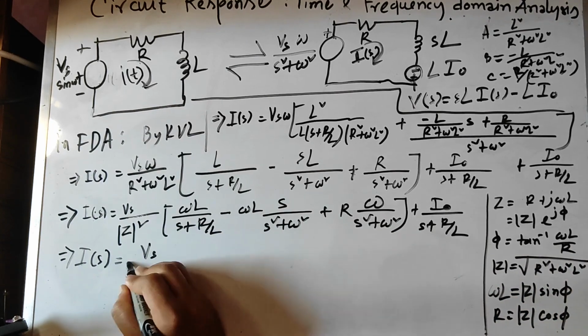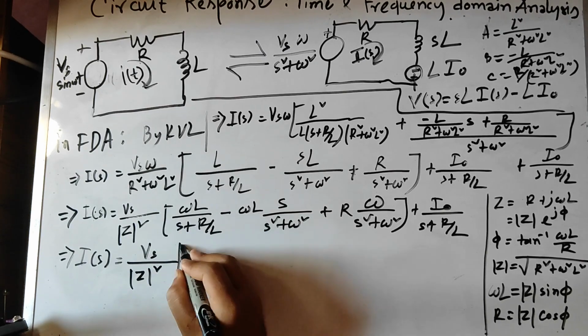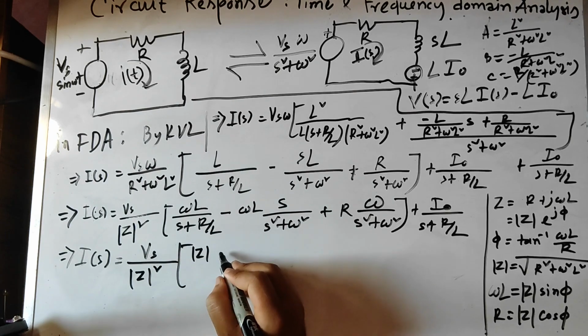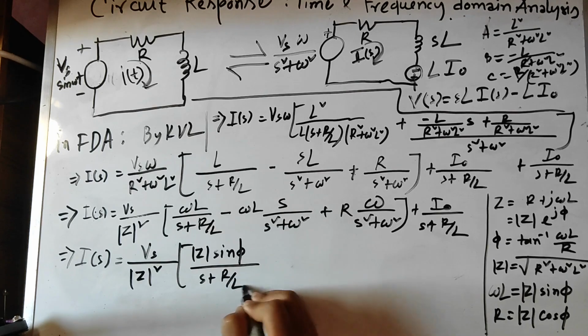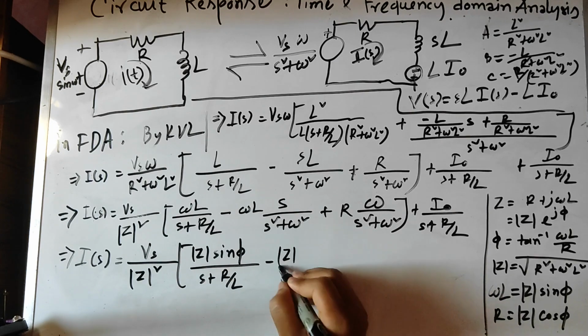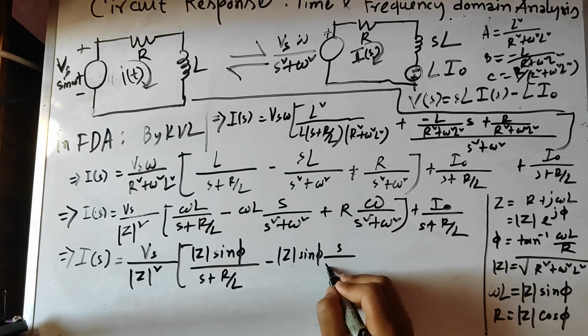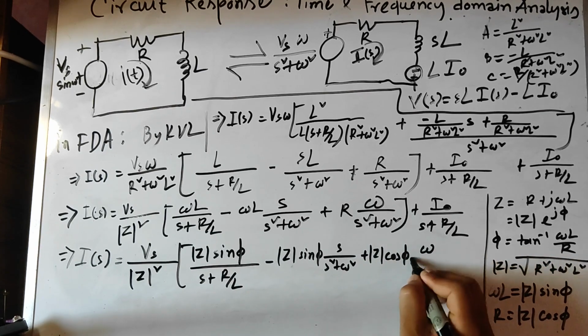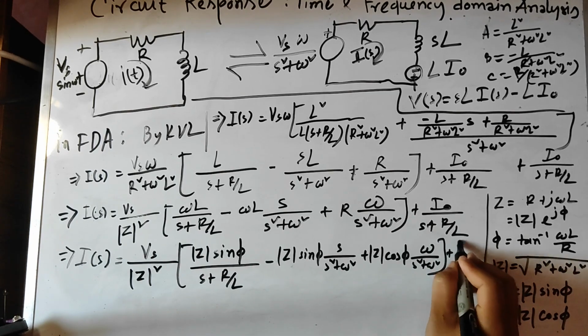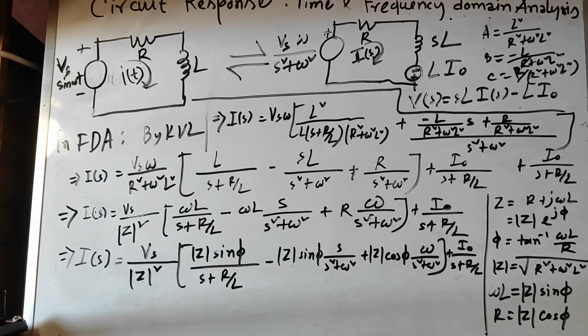So Vs by Z square, Z sine phi by S plus R by L, minus Z sine phi by S square plus omega square, plus Z cos phi omega by S square plus omega square, plus Io by S plus R by L. Now if we common out the Z term, it will give Z square by Z.